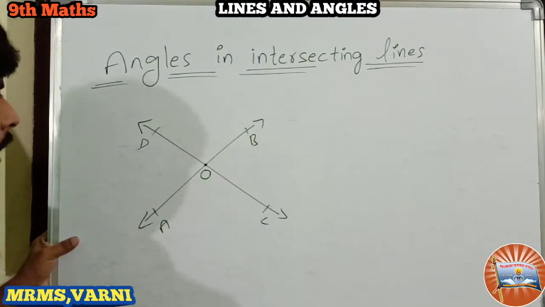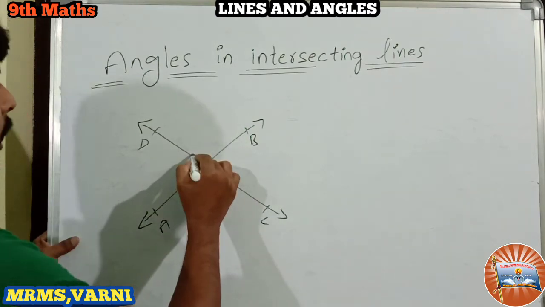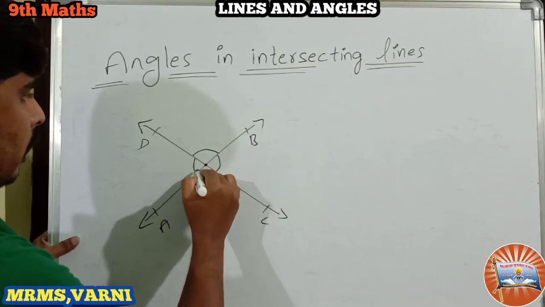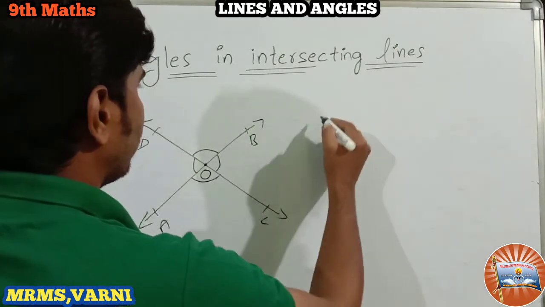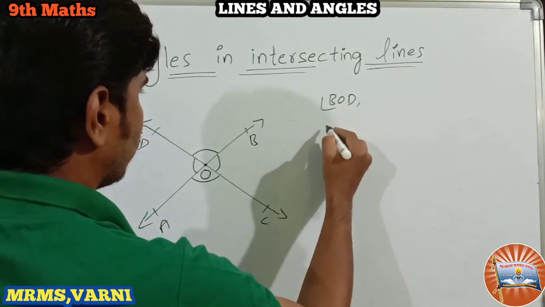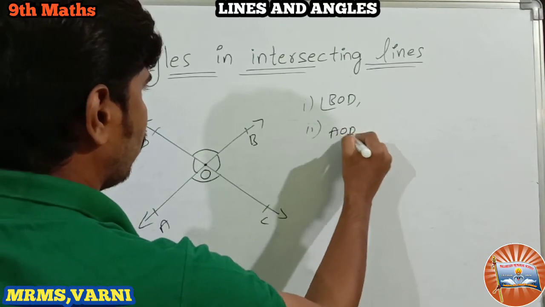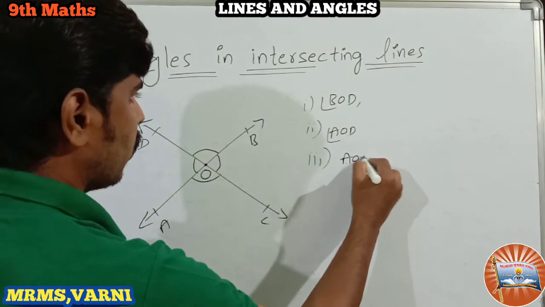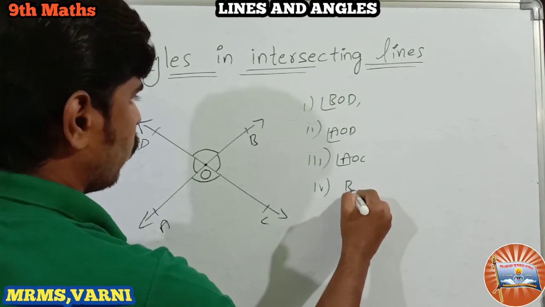These two lines make four angles here, numbered 1, 2, 3, 4. So what are the angles formed here? First one angle BOD, second one angle AOD, number 3 AOC, number 4 BOC.